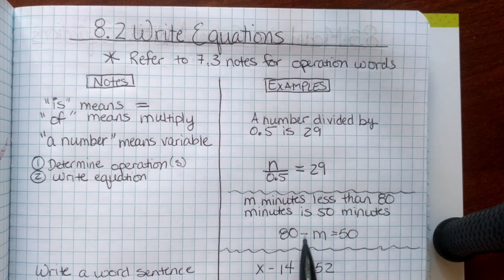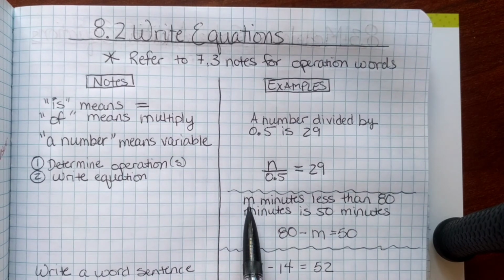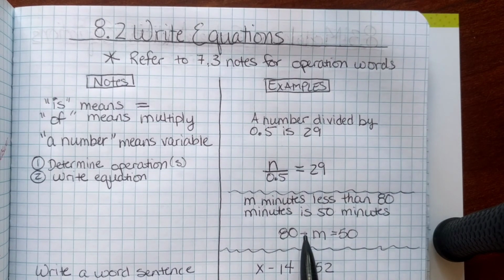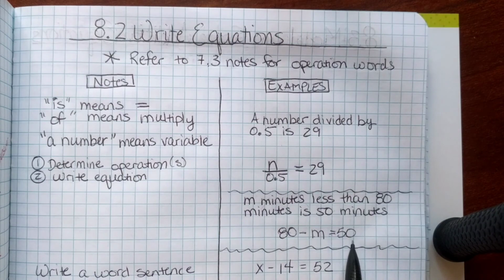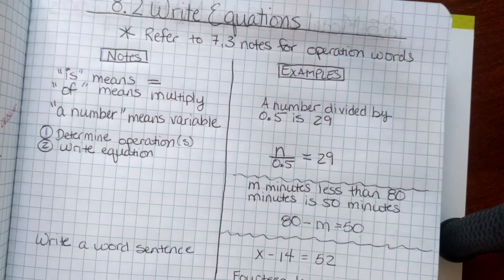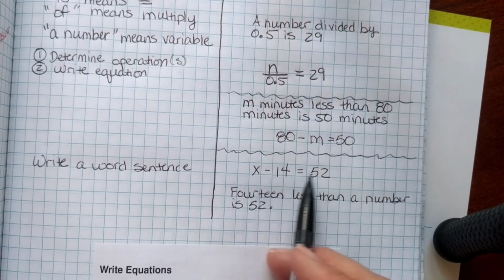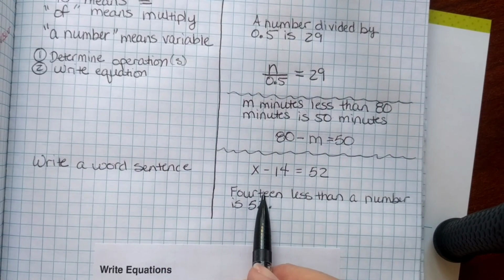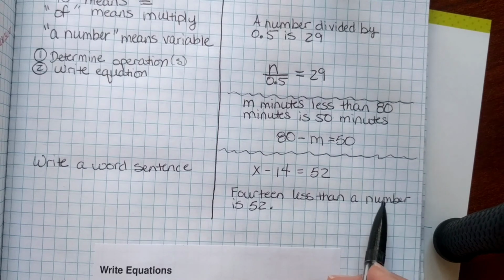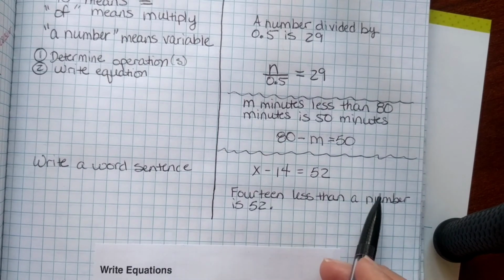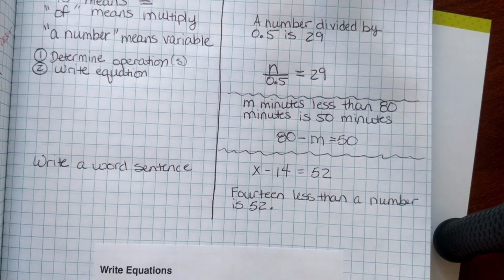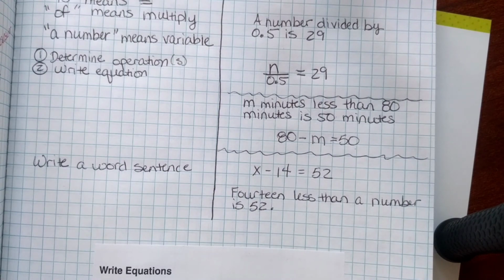So M minutes less than 80 is 50. All right, and then the last example is write a word sentence. So here's our equation. 14 less than a number, which is our x here, is 52. So there's just a few examples for your notes.